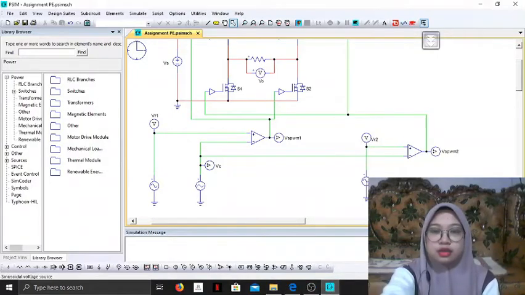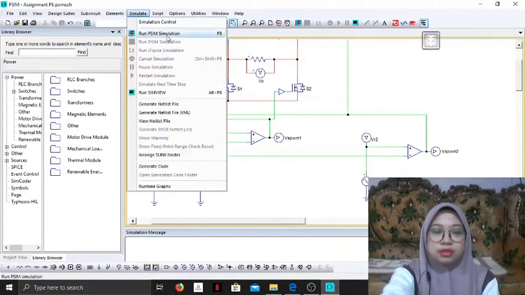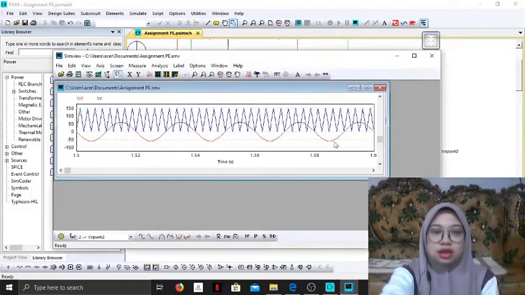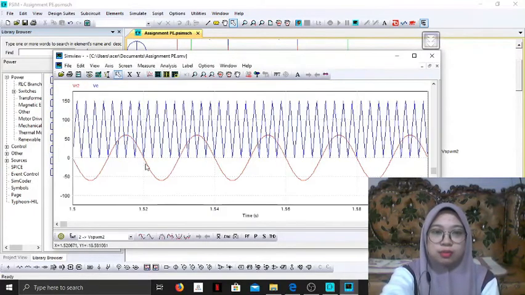To get the waveform of VR2 and VC, select Simulate and run the PSIM simulation. Select VR2 and VC, and this is the waveform of both variables. This is the sine waveform of VR2 and the triangular unipolar waveform of VC.